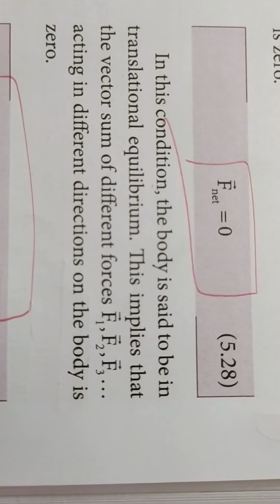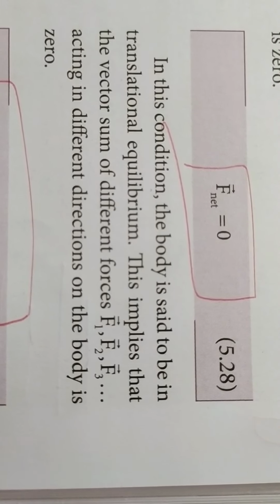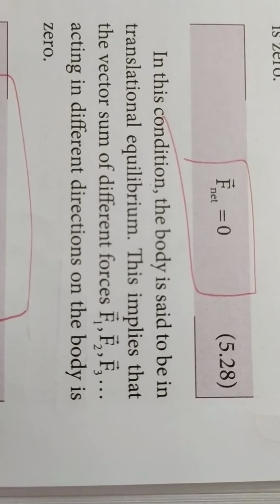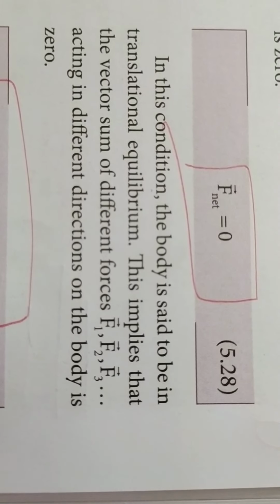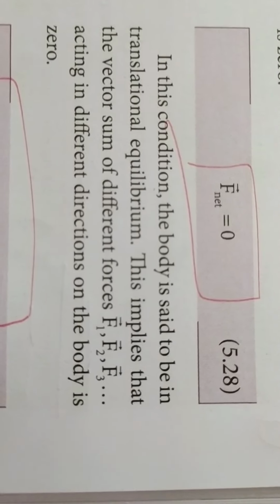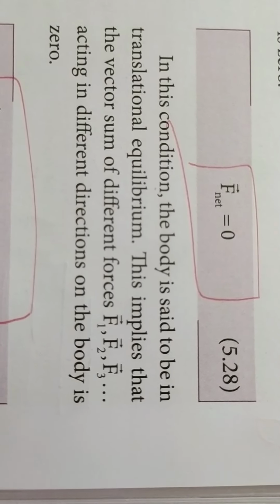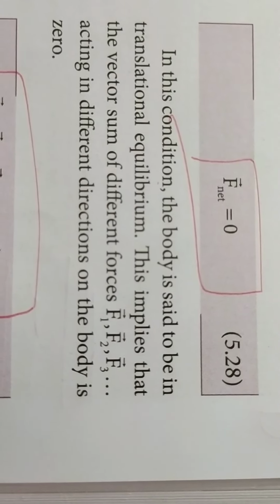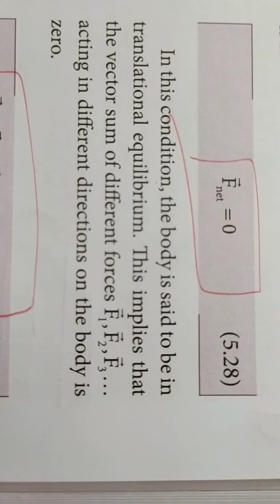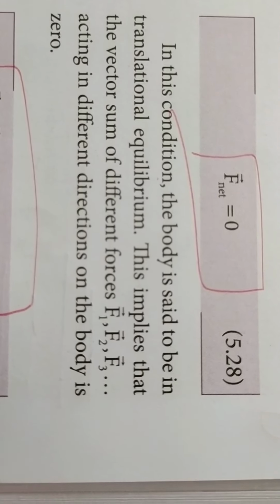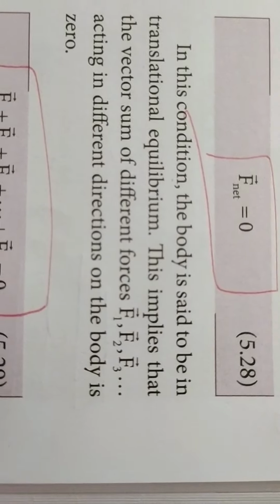Similarly, in translational equilibrium, the vector sum of different forces, that is F1 vector, F2 vector, F3 vector, the forces acting on a body, will become 0 because they act in different directions, and when you take the sign convention, they become 0.